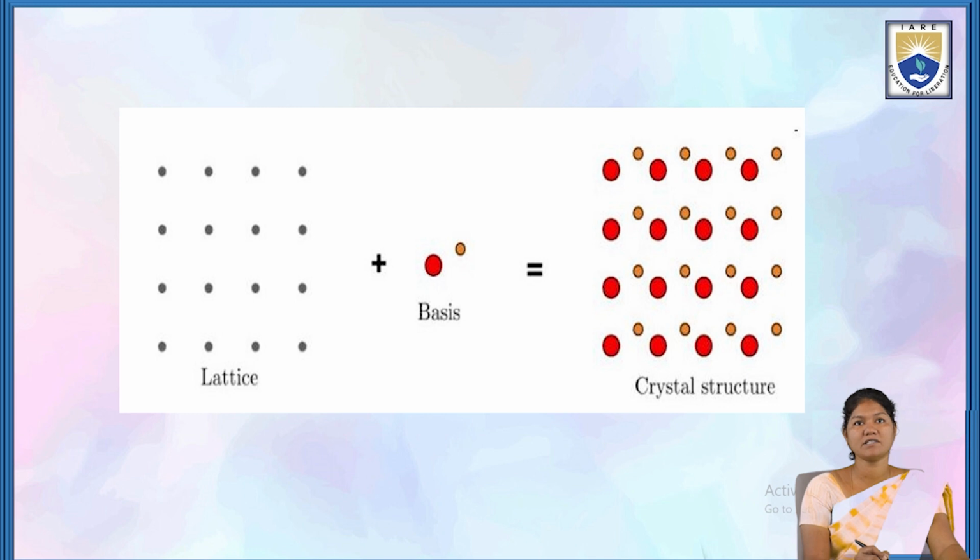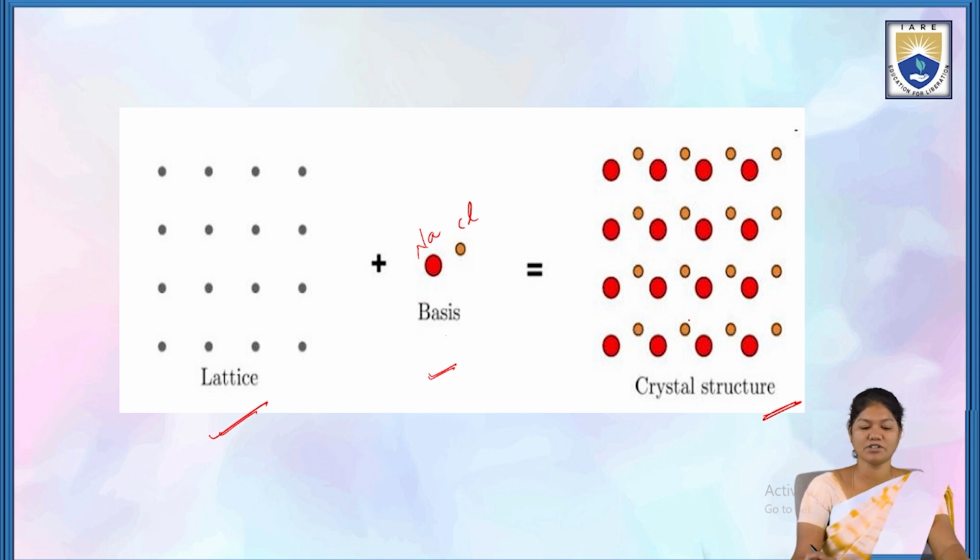In this diagram, we took the lattice and lattice plus basis. If we take NaCl as an example, this is Na, this one is Cl. When this basis is associated with the lattice, then we get the complete structure of the crystal.